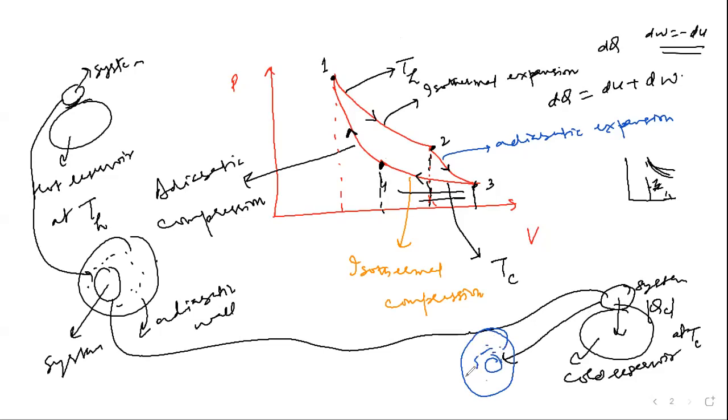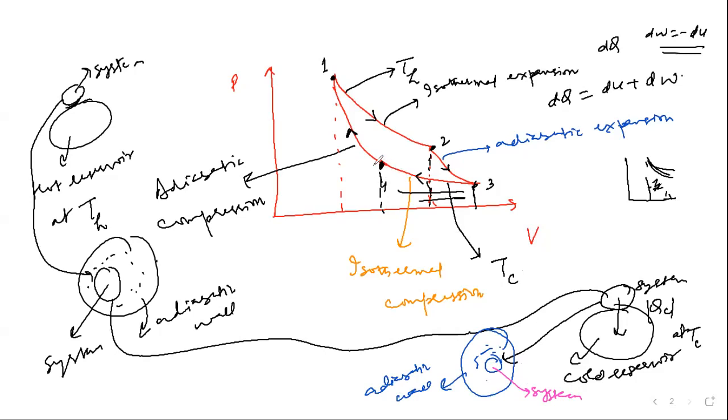And what we do, we again enclose our system in an adiabatic wall. This is my system, right? So at 4, my system is enclosed in an adiabatic wall.